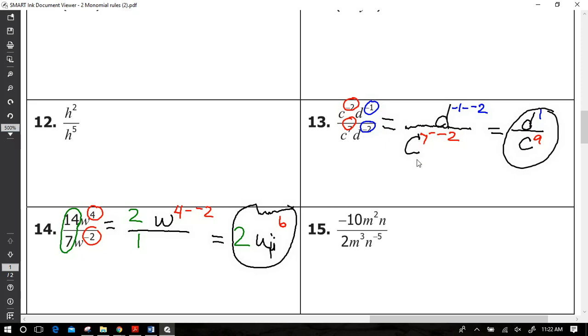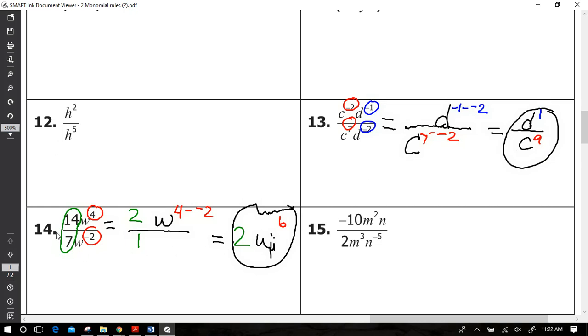So c will stay on bottom because that's where the exponent with the 7 is. And then subtract the negative 2. So I didn't use parentheses, but I was certain to show that I was doing minus a negative 2. So 7 minus negative 2 gave me c to the 9th power. And of course, I did the same thing with the d in the numerator.